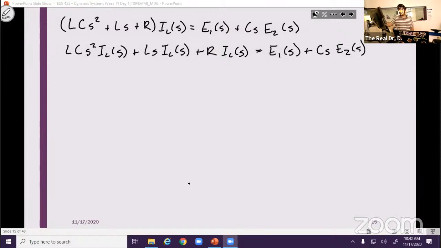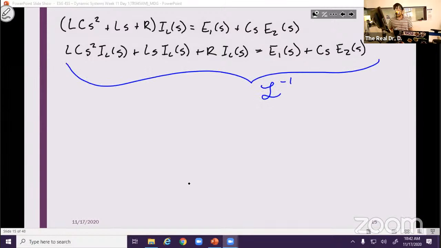And now I can inverse Laplace this, because I have some function IL of S. The inverse Laplace of IL of S is IL of T, but it's multiplied by S squared.